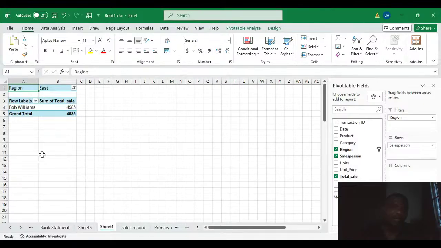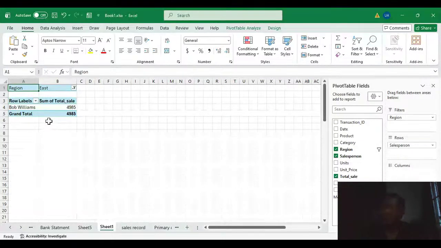For example, Bob Williams is the only one in this region. So supposing there were other people that sell along with him in the region, you'd have seen their names here. So Bob Williams would just be the one topping the chart. But in this case, only Bob Williams is in the region, which makes sense to some extent.